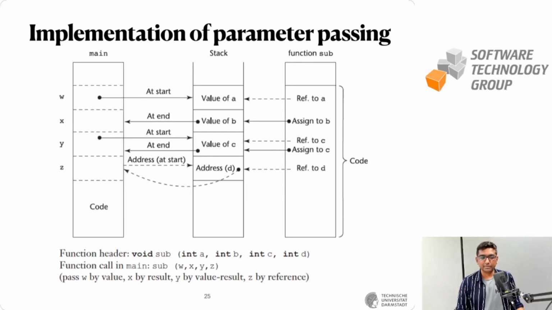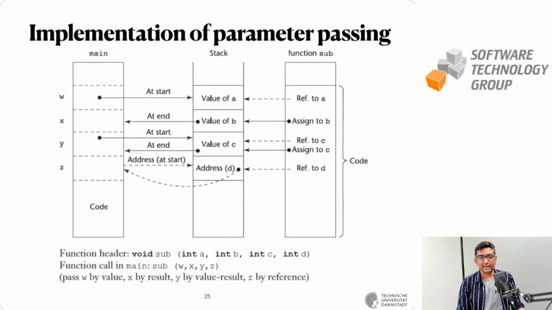When you pass by value result, essentially the value of y is going to be put in the stack, which is then referred by c, but whatever happens to c is assigned back to the value of y at the end of the function execution. And the final variant is pass by reference. It is very similar to the pass by value result that we saw.